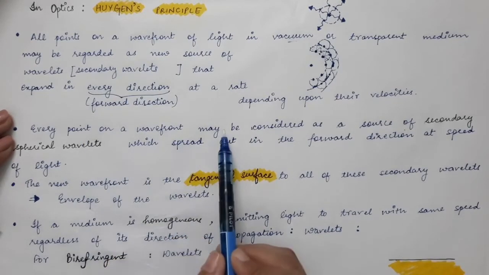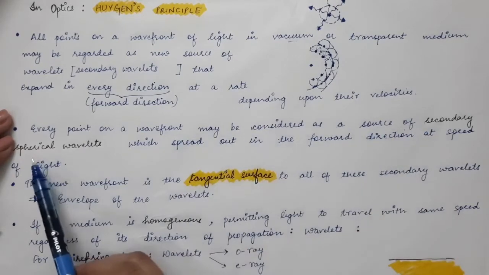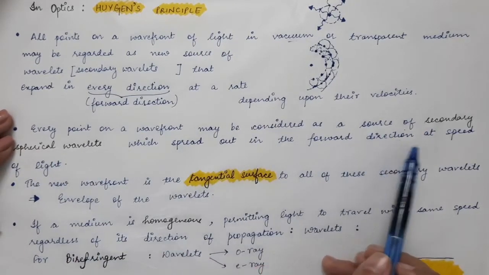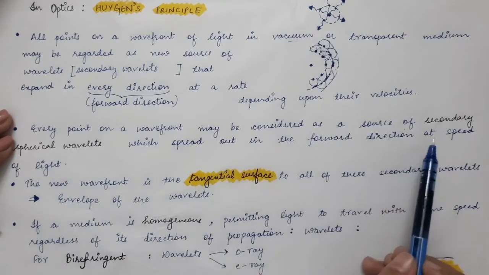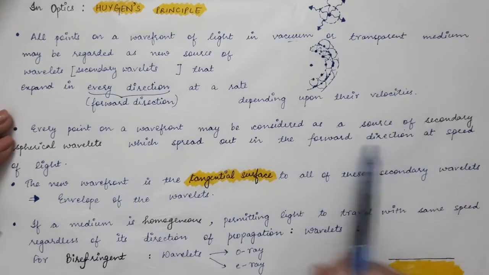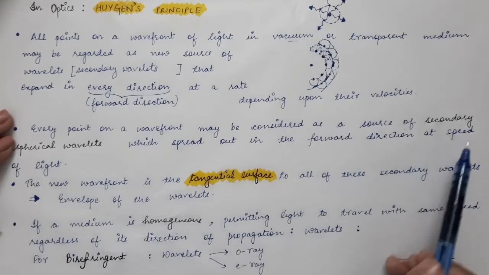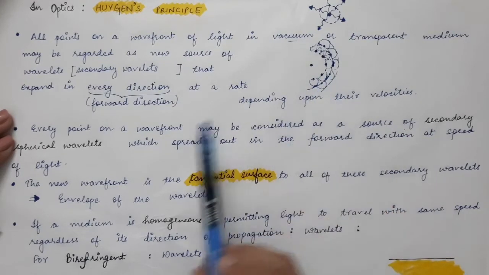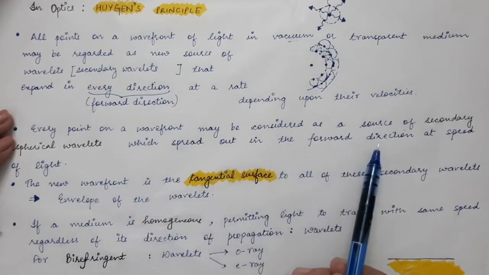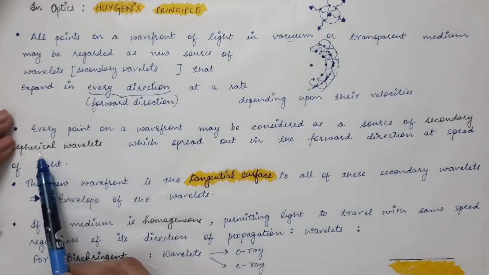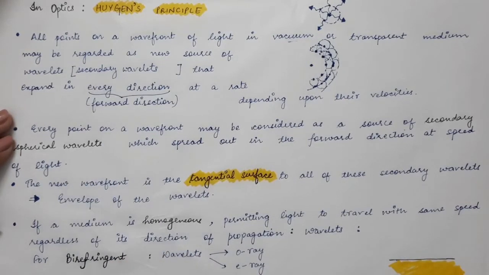So every point on the wavefront may be considered as a source of secondary spherical wavelets which spread out in the forward direction at the speed of light. So whatever will be the speed of light in that medium, with that speed they will spread out in the forward direction. So this is for the case of homogeneous medium, that is, we will have spherical wavelets.